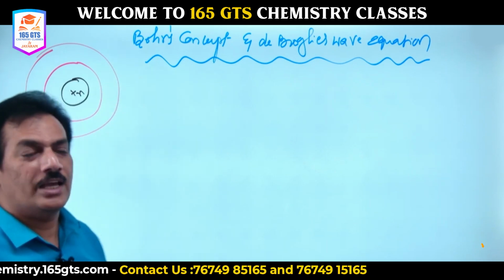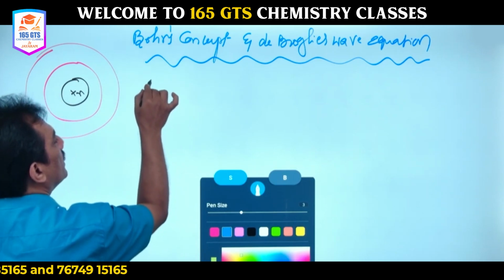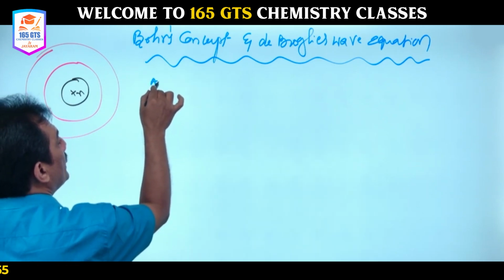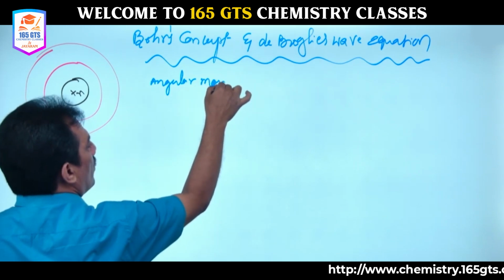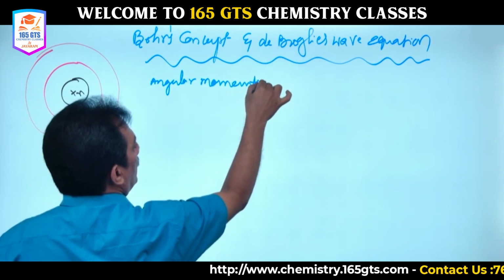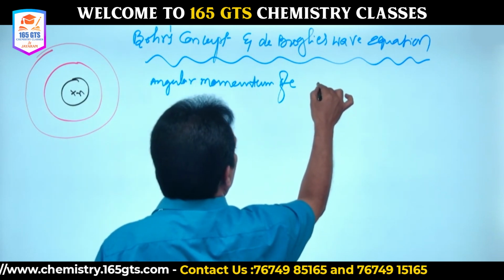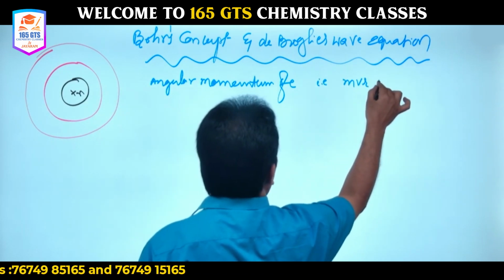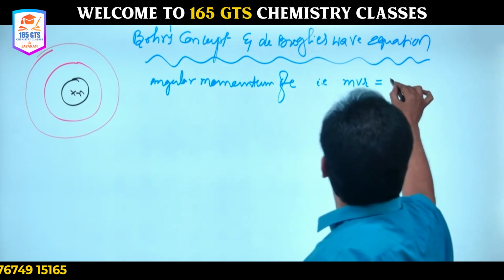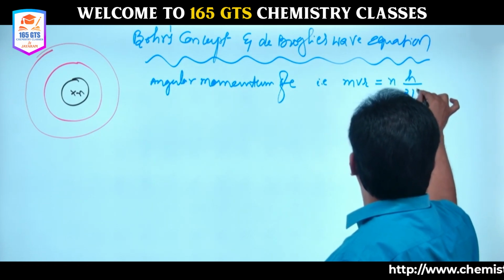There the condition is given. In which orbit the angular momentum of the electron, that is mvr, is equal to a multiple of h by 2 pi.